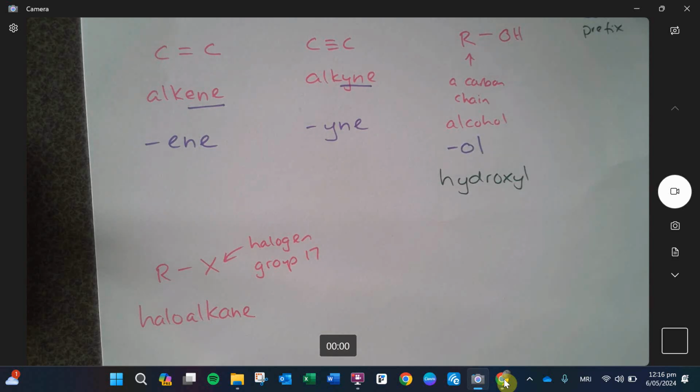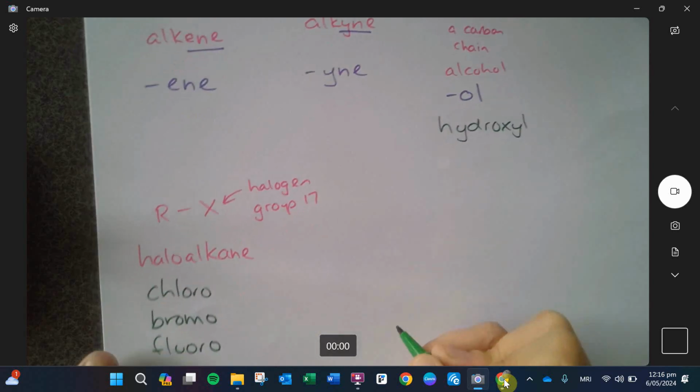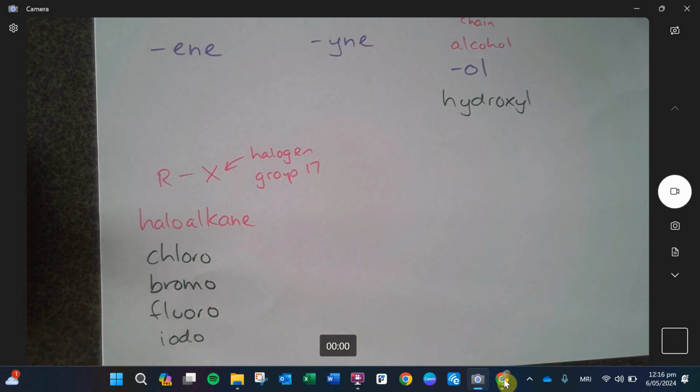If you have chlorine, it would be chloro. If you have bromine, it would be bromo. If you have fluorine, it would be fluoro. If you have iodine, it would be iodo. So it just depends on what halogen you have. Those are your haloalkanes.